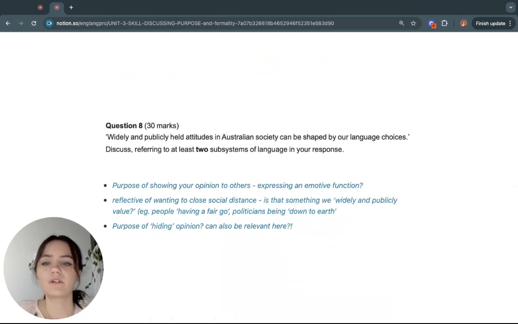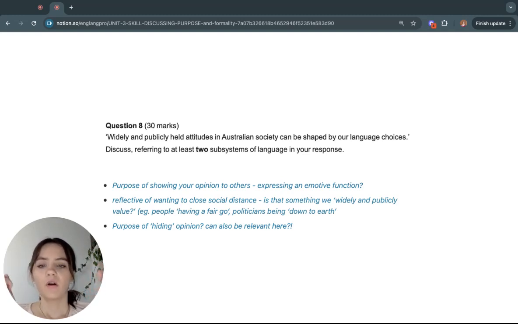Now let's go to question 8. If this was me and this was my exam, it's probably the one I would choose. It's the most broad, it's almost the most go ham: widely and publicly held attitudes in Australian society can be shaped by our language choices. This is basically language impacts society, society impacts language.